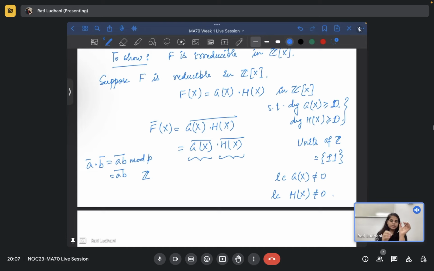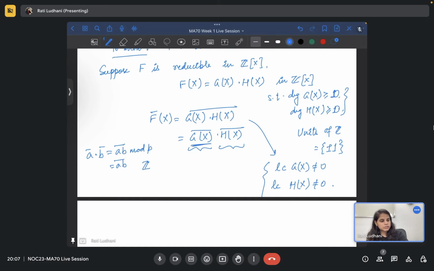Leading coefficient means the highest degree term, so it could be a constant also, but that is non-zero. So you have this property with g(x) and h(x). So when you go mod p, you have f(x) given to be a0 plus a1x up to a_n x raised to power n. You have this condition, and you know that p does not divide a_n.